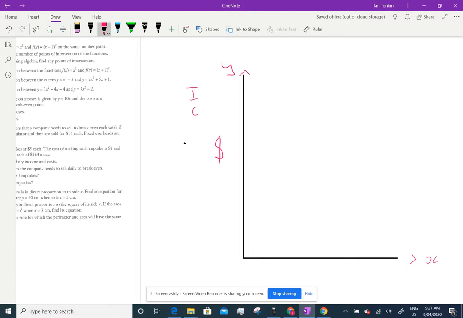So let's graph 10x. And along here, I'm just going to go up in hundreds. 100 roses. This is the number of roses. 200, 300, 400.